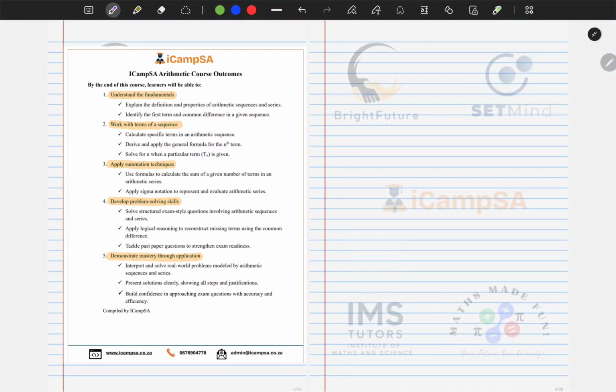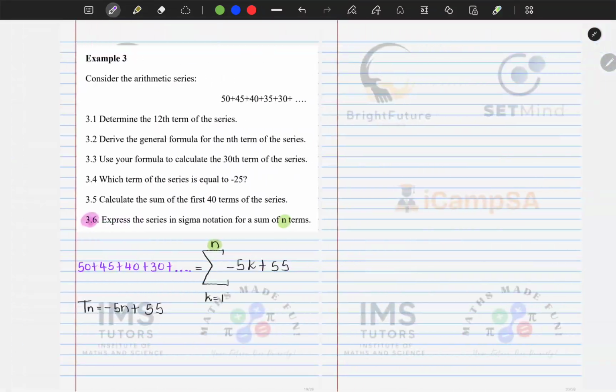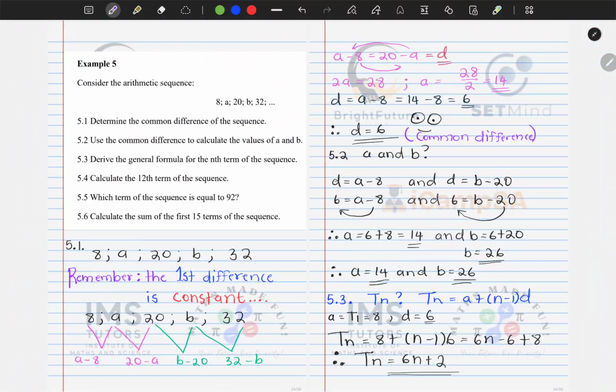So if you look carefully, it's 5 things. Understand the fundamentals, work with terms of a sequence, apply summation techniques, develop problem-solving skills, and demonstrate mastery through applications. These outcomes we have ticked, and we will practice further by using past paper questions to see variations of other questions. For now, we'll pause here.